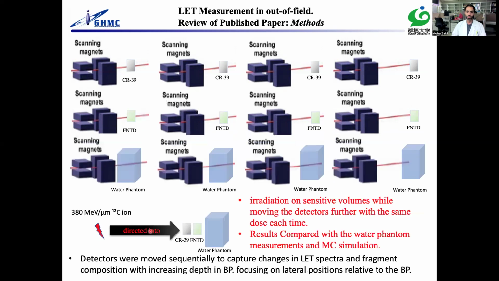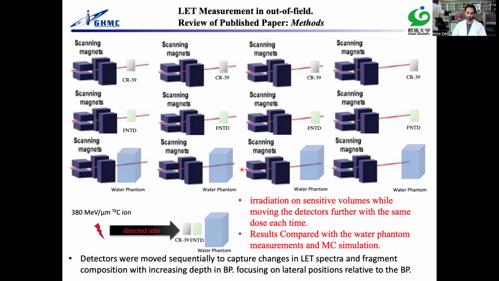Now, the method in this paper: what they did was direct 380 MeV per nucleon carbon ions into a water phantom with FNTD and CR39 to measure the effect of radiation on sensitive volume, while moving the detectors further with the same dose each time irradiated to investigate a mixed radiation field.